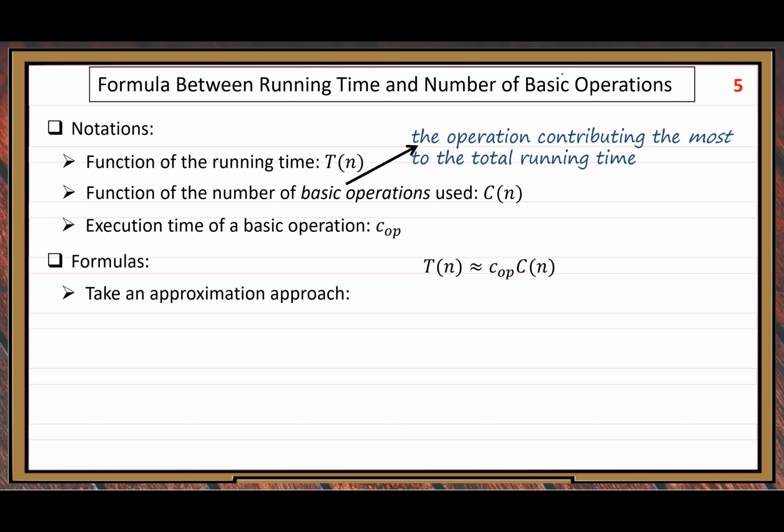This is a machine-dependent constant. If you change the machine, this constant will be different. You can see these two functions are proportional.